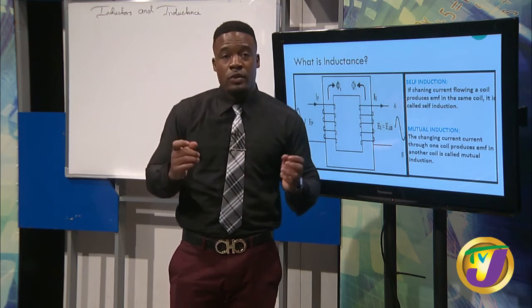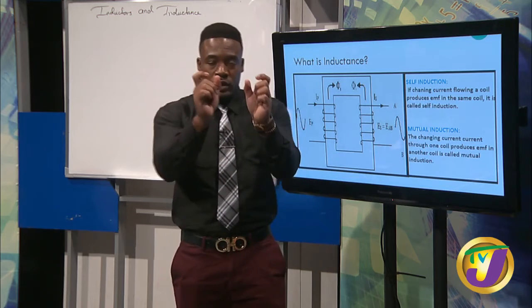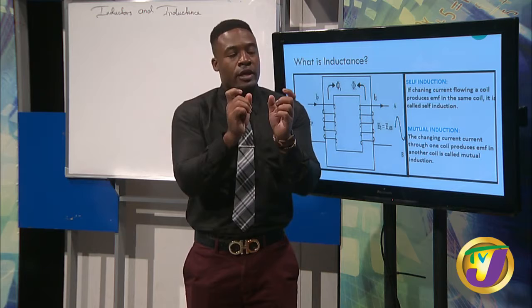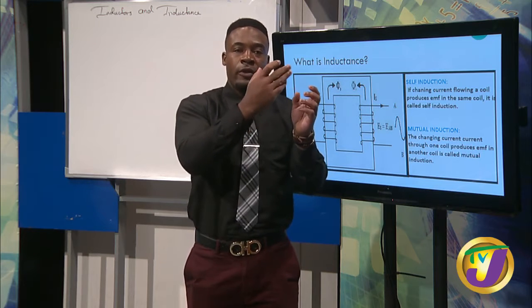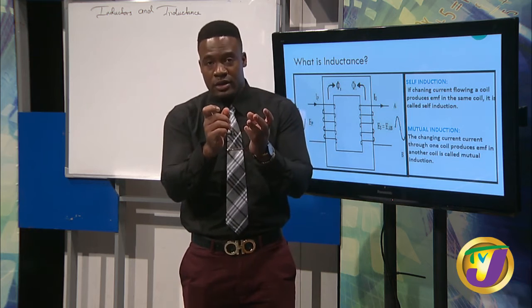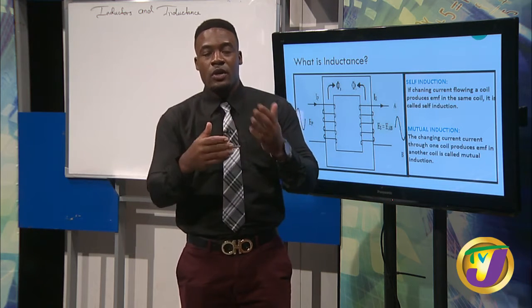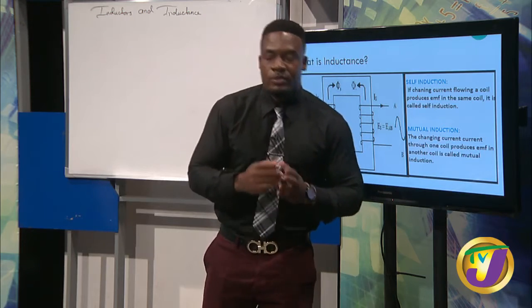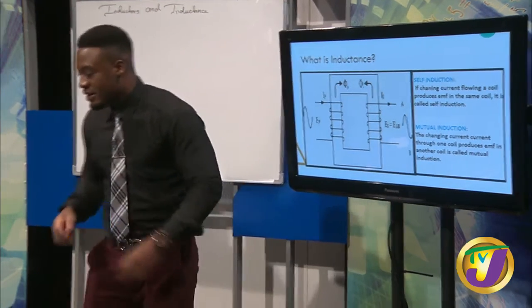Basically, if we have two inductors in close proximity to each other, the magnetic field of the neighboring inductor will induce a voltage in the other. All right? And that is what we call mutual induction. Hope you're paying attention.